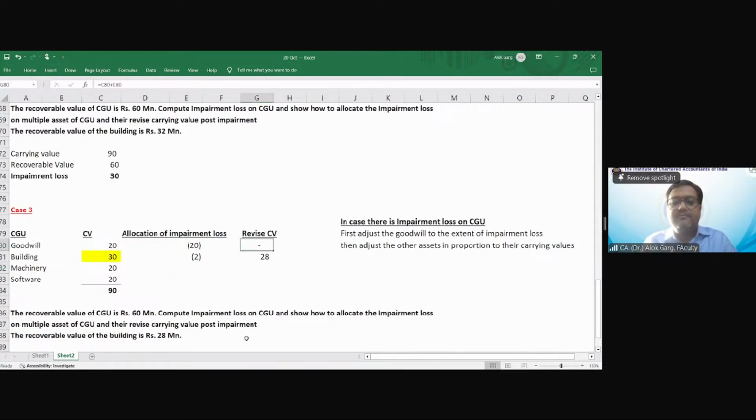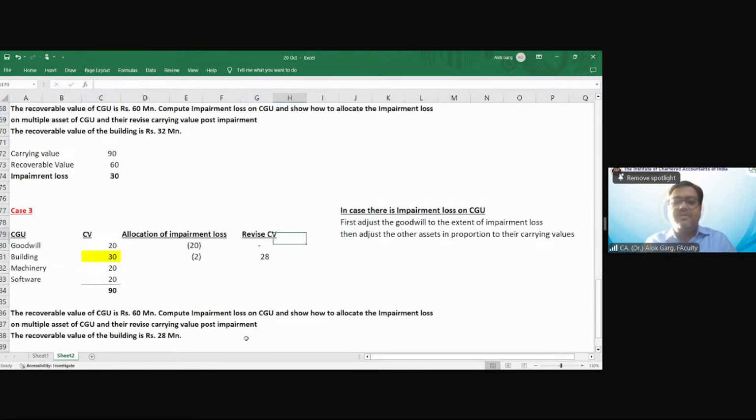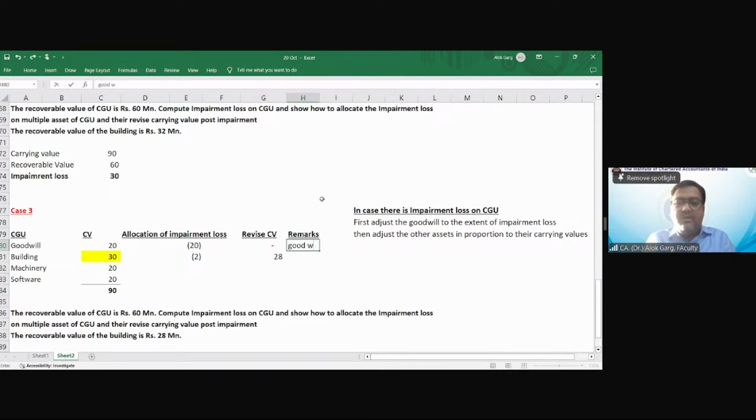4 each between machinery and software. So let me put the remarks also for your quick reference, so that when you see this Excel file, you'll be able to remember that goodwill is written off.